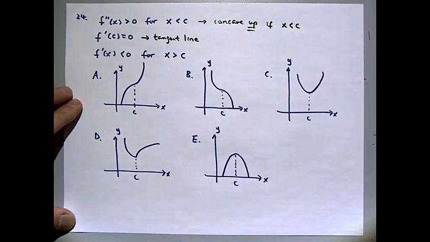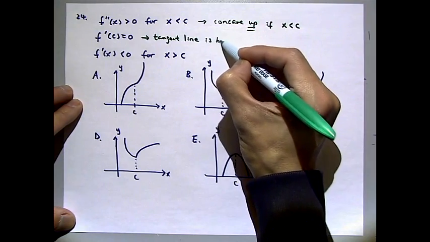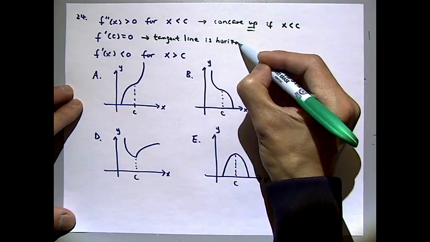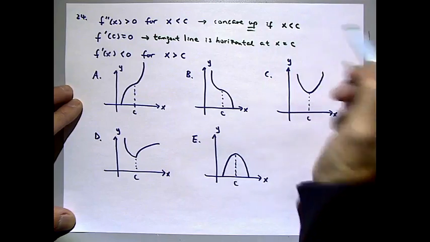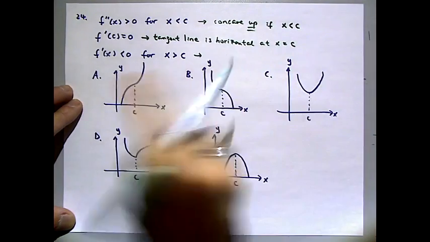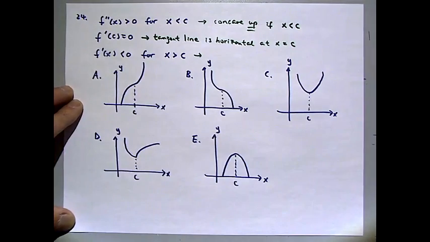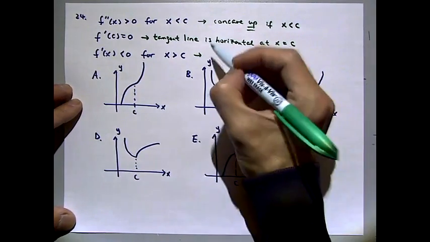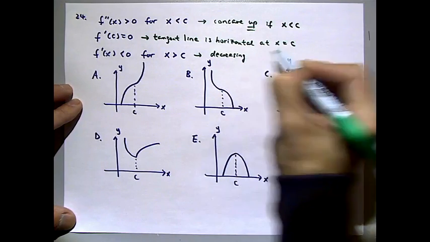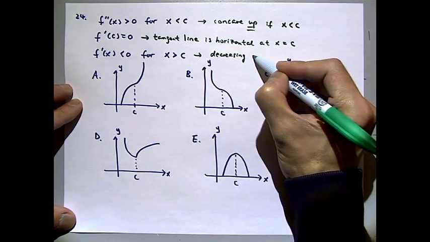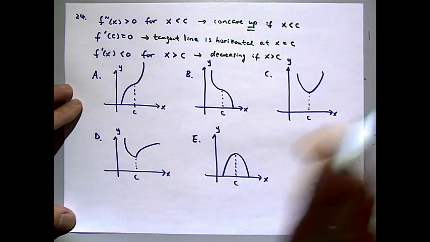Second one says that f prime of c is equal to 0, means the tangent line is horizontal at x equal to c. And the last one, f prime is less than 0, means the function is decreasing if x is greater than c.